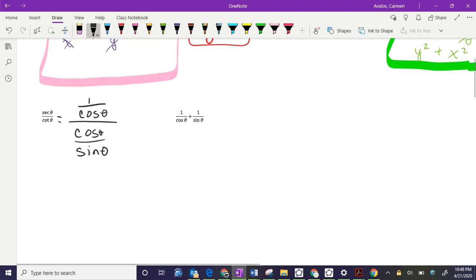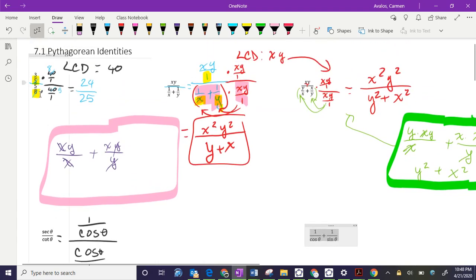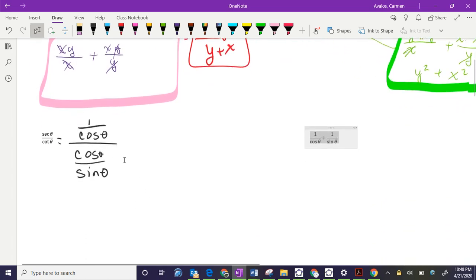And so now you know what is actually happening here. It becomes one of these problems that we talked about over here. It looks like this one here, where we have a fraction over a fraction. It's not as complex as this one, but it is the same way. So what you do here is you're going to get a common denominator.